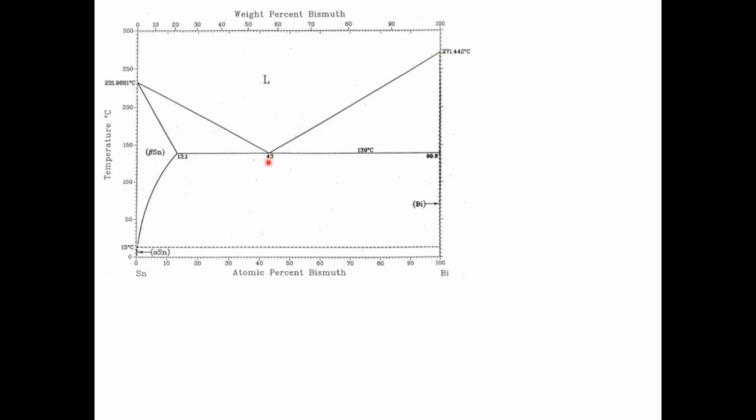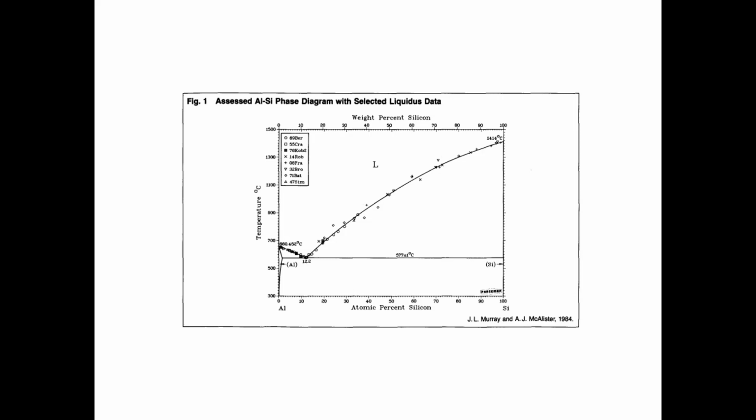Here's a minimum, and a maximum of this curve would be here. So you see this ideal solution equation or artifacts of it on phase diagrams. Here's another example of a binary phase diagram, and still that same behavior.